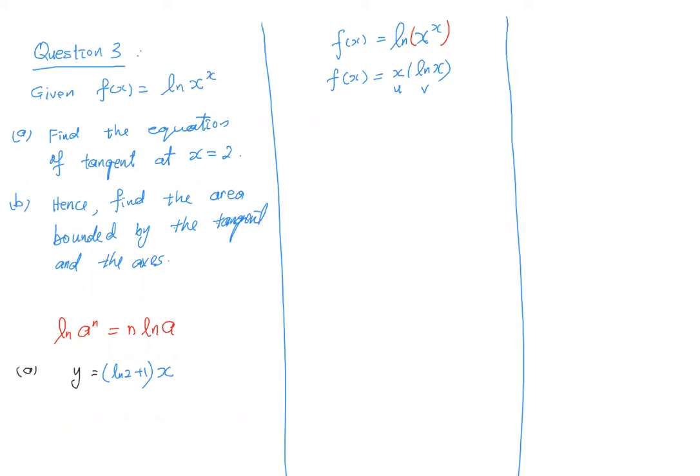Safwan, have you got the answer for the equation of tangent? I tried, miss. Never mind, you just give me. I got y equal to ln 2 x plus x minus 2. So I just put the x, factorize it together to say this is the gradient, then minus 2.